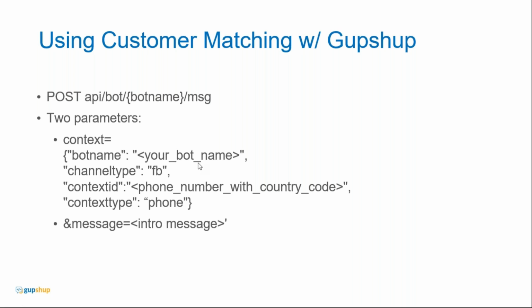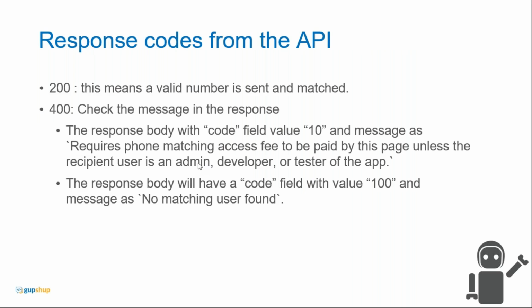Okay. So the API returns two response codes. One is 200, which means there's a valid match to the number, and the message is sent to the user. But there is also a 400, which has two variations. If you get a 400, and you look at the response body, there would be a field called code, which will be either 10 or 100.